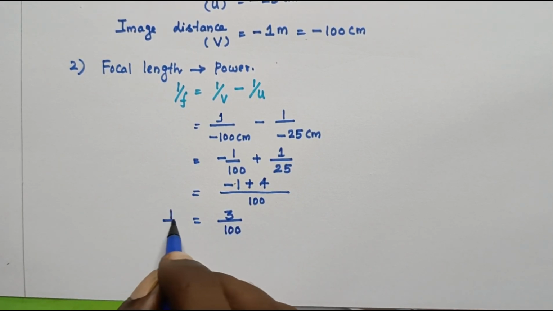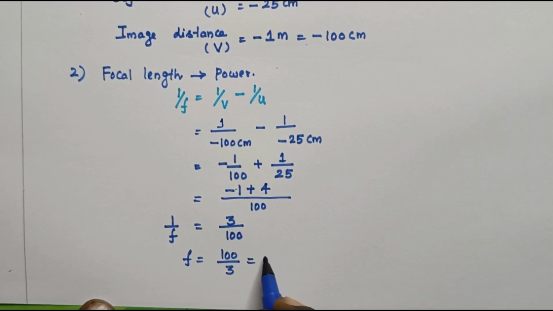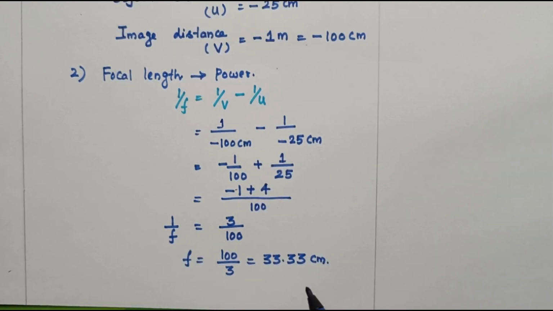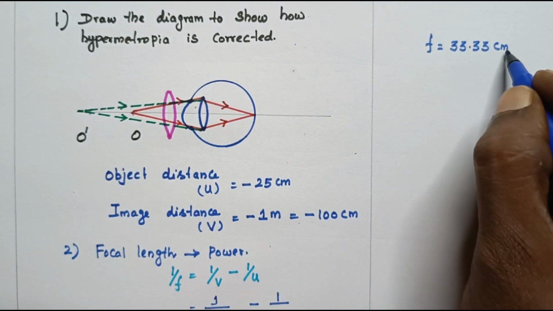This is 1 by f. If we take the reciprocal on both sides, we will get f is equal to 100 by 3, which is equal to 33.33 centimeter. Once we know the focal length, then we can easily find the power of the lens. Focal length f is equal to 33.33 centimeter.